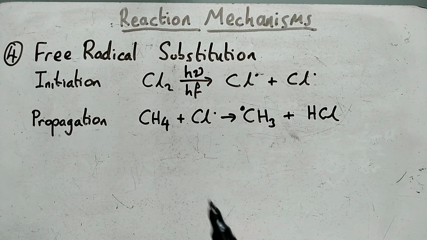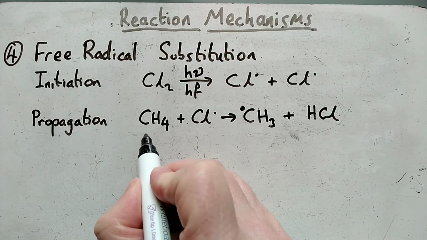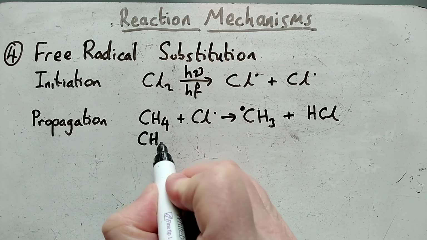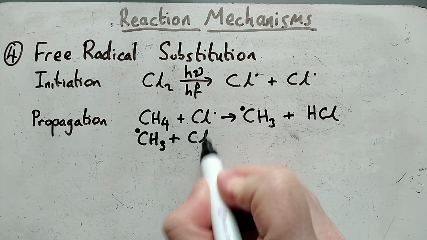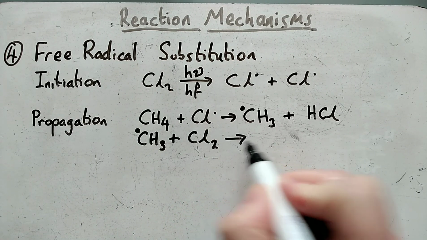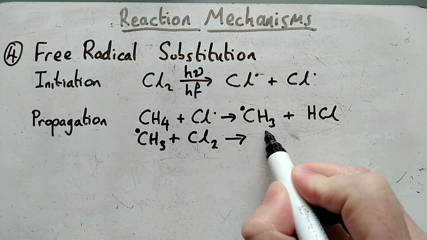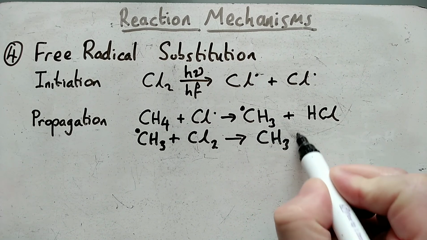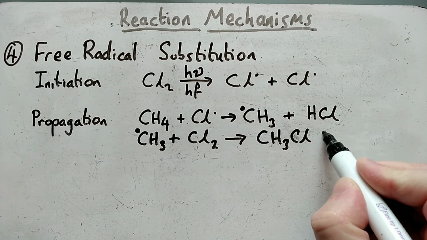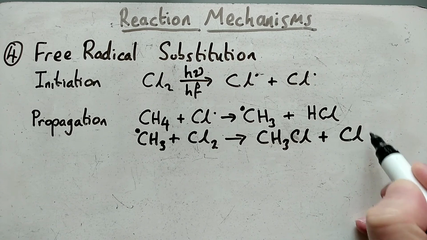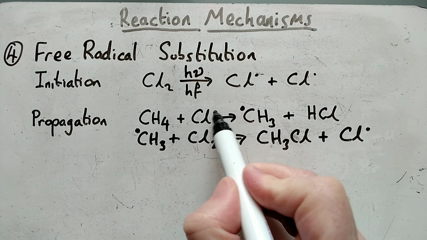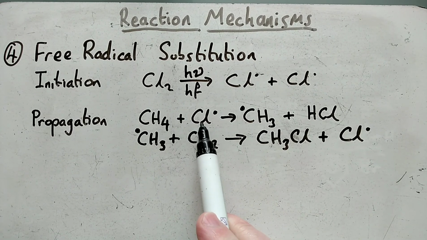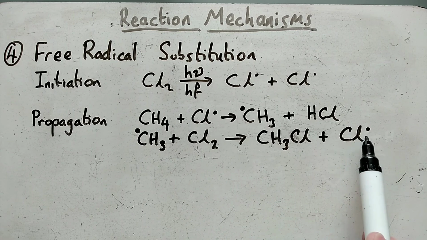This species is obviously highly reactive, and that now will continue the reaction by reacting with a Cl2, which will give us a CH3Cl plus another Cl dot. Now you can see from this that this reaction both uses Cl dots and makes Cl dots, chlorine free radicals.